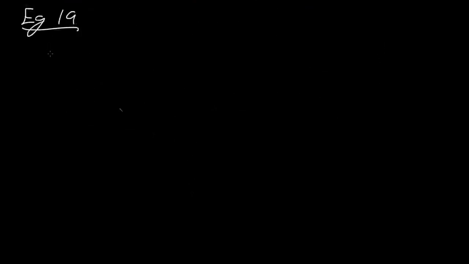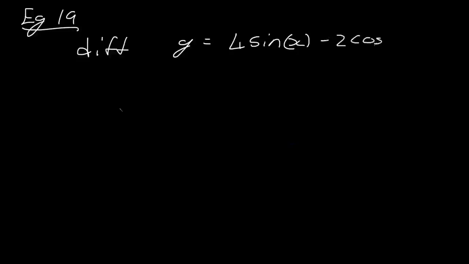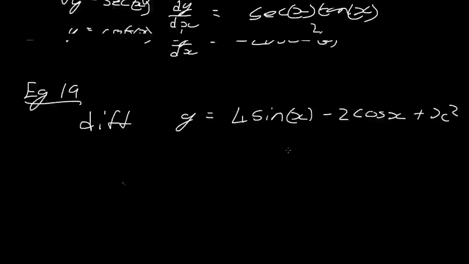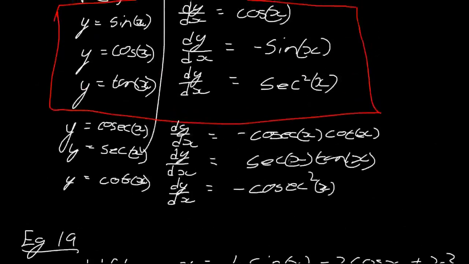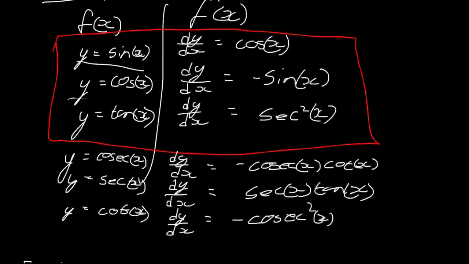Let me first write it down. They say differentiate y equals 4 sine x minus 2 cos x plus x squared.